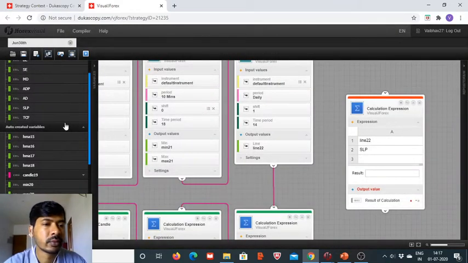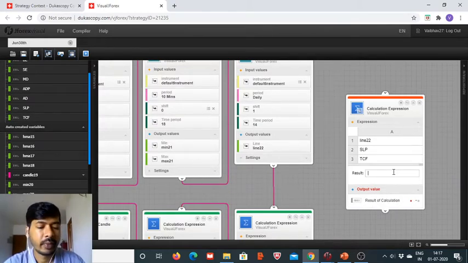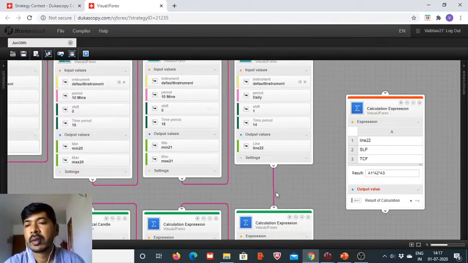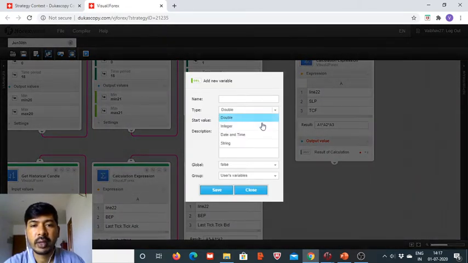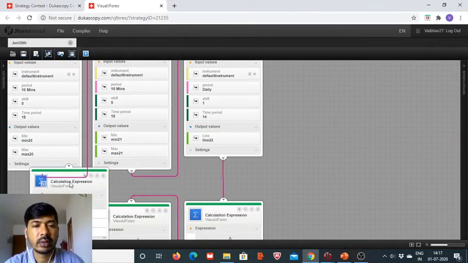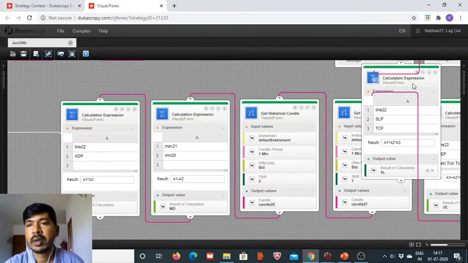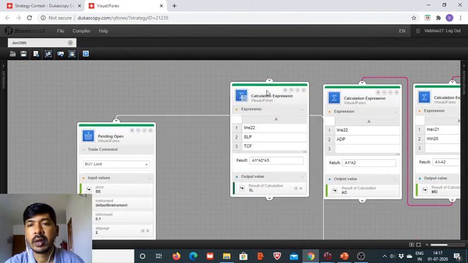Right, and this whole calculation is going to be a1 into a2 into a3. So here we have, and this needs to be in integer format. Its name will be SL and start value would be the result of the calculation. So here we have defined the stop loss level now.